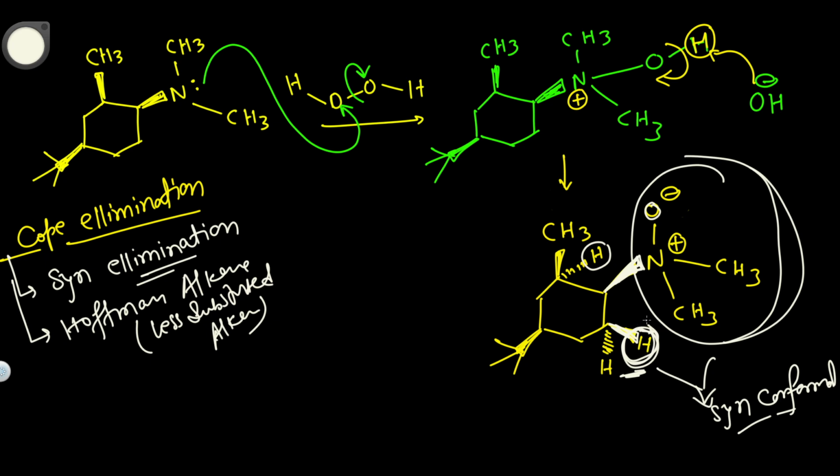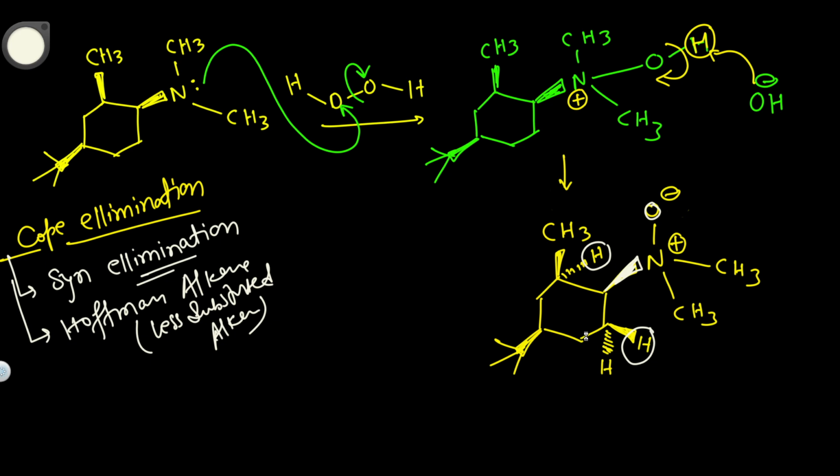So what we will do, let me erase all this. This O minus will take the proton, because this bond and this hydrogen are in the syn conformation, both on the same side, but this hydrogen and this bond are anti.